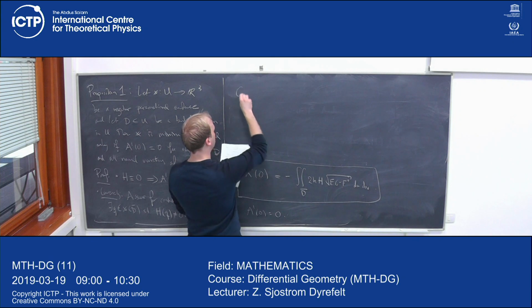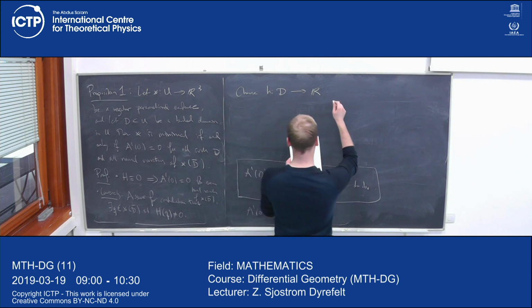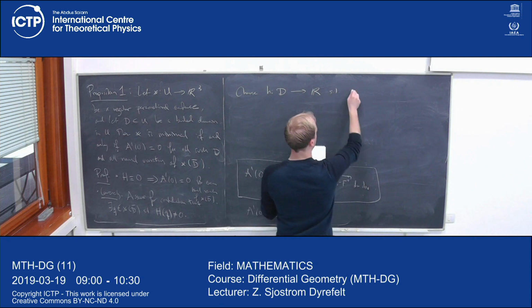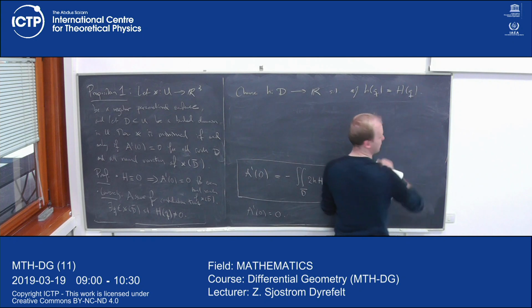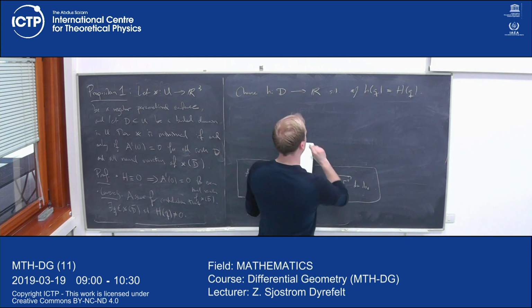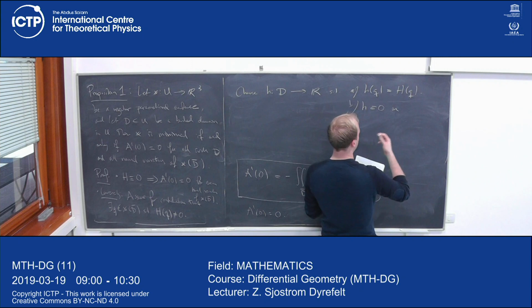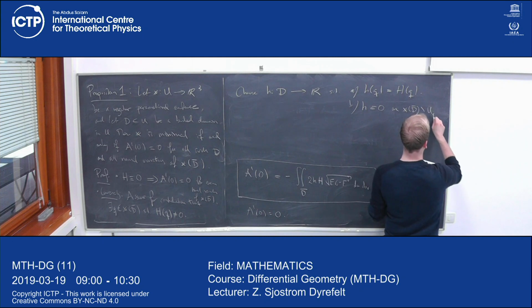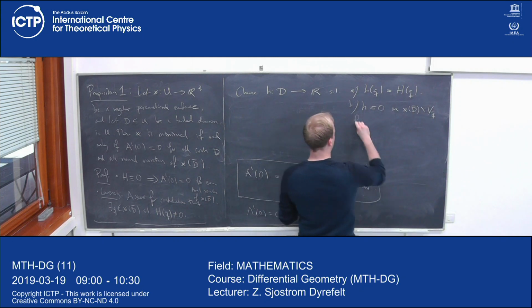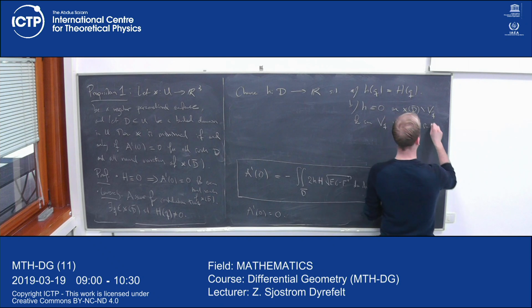So then choose h that goes from D to R such that small h of q is equal to the mean curvature at q, and h is identically equal to 0 on x of D bar minus some V_q neighborhood of q, which is sufficiently small.